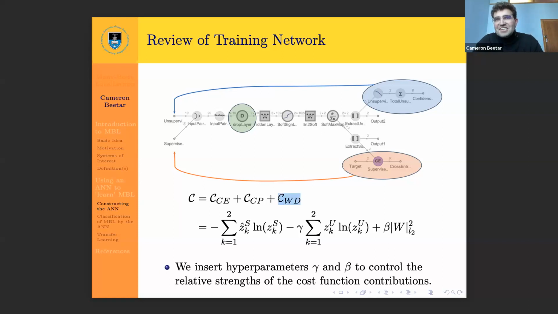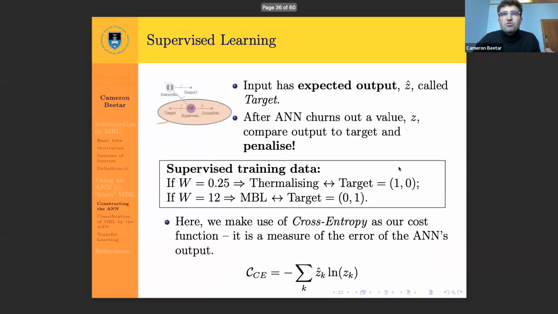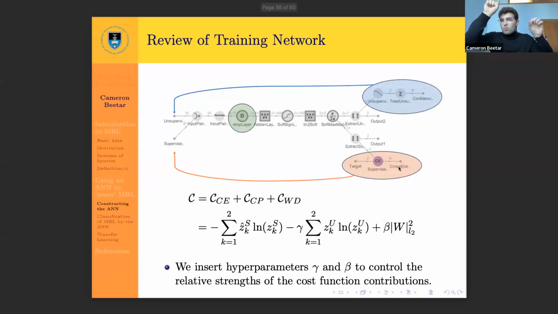We're going to add a cost function for weight decay. What weight decay says is that if weights contribute to the accuracy of the network in a given training run, that's good. But if they don't contribute to the accuracy of the network further, they should decay to 0. So you use weight decay to make the weights decay to 0 if they're no longer contributing to the accuracy of the network.